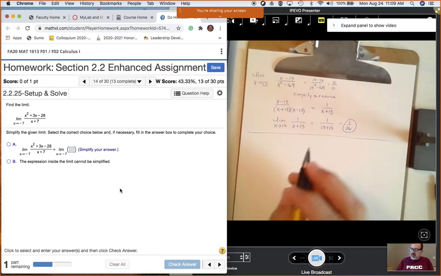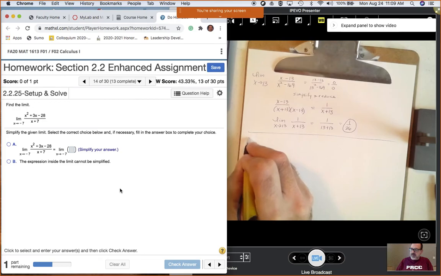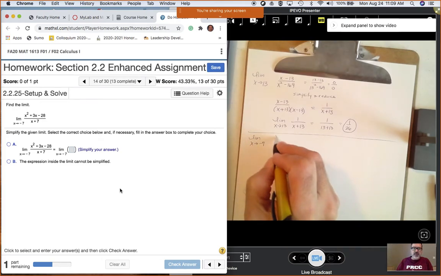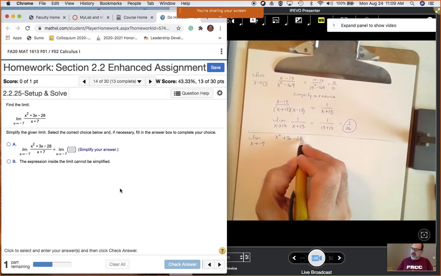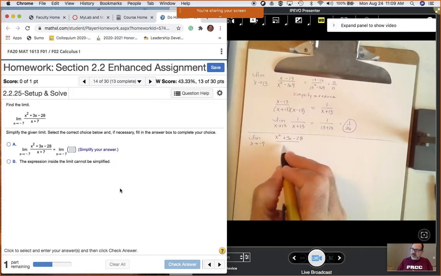All right, we got the limit as x approaches -7 of x squared plus 3x minus 28 all over x plus 7.